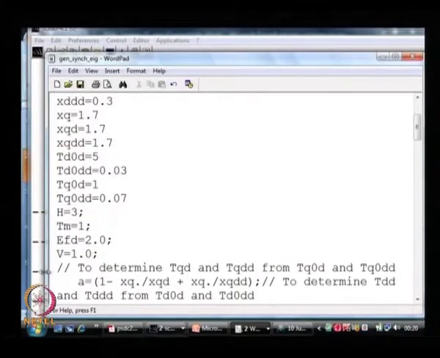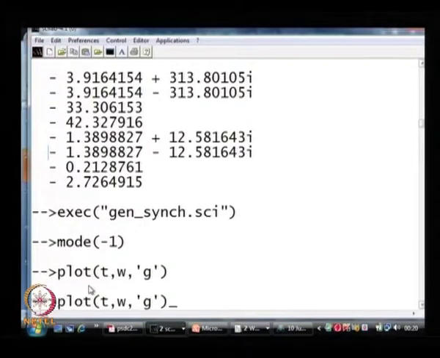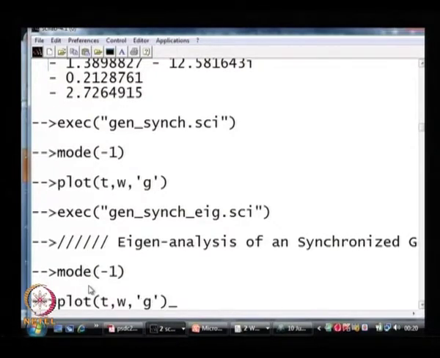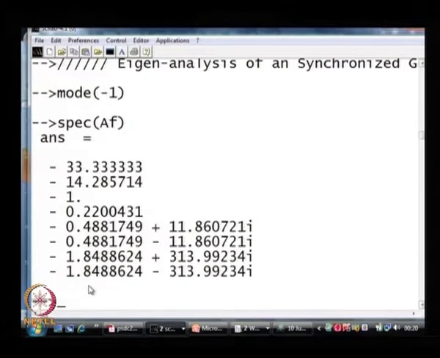Yeah. So, I have modified the data and we will take out the eigenvalues of the system. Now, what you notice is the real part of the eigenvalue has become quite small, it is minus 0.4.